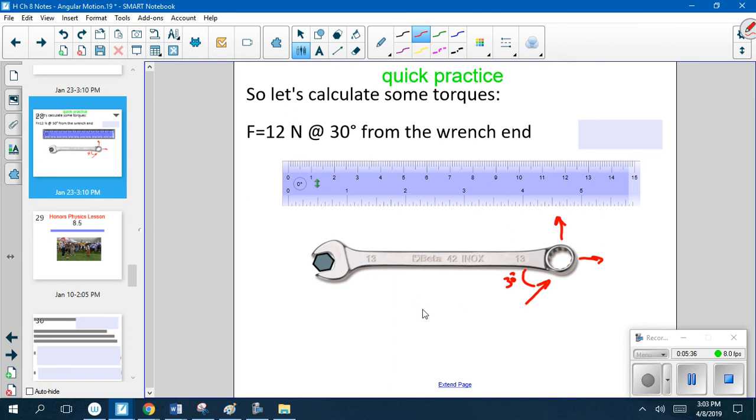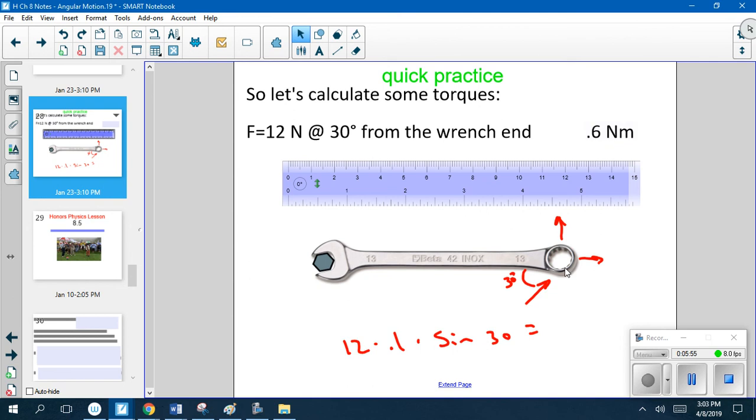That's where the sine of our angle comes into play. So we have 12, and it's still the same wrench, so 0.1, times the sine of 30. That gives us our net torque, which is much smaller, 0.6 newton meters.